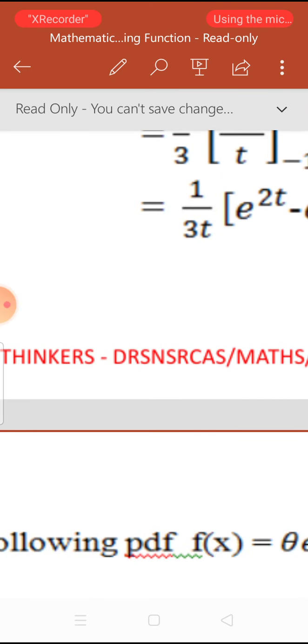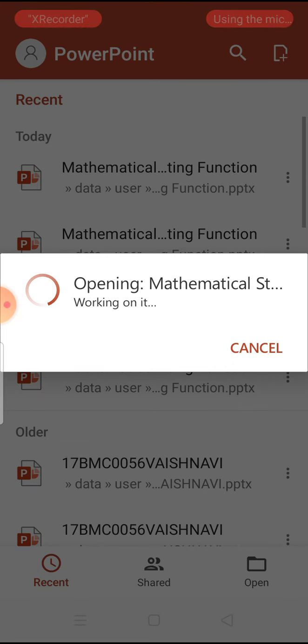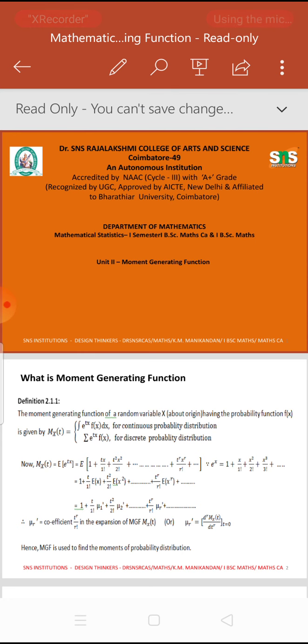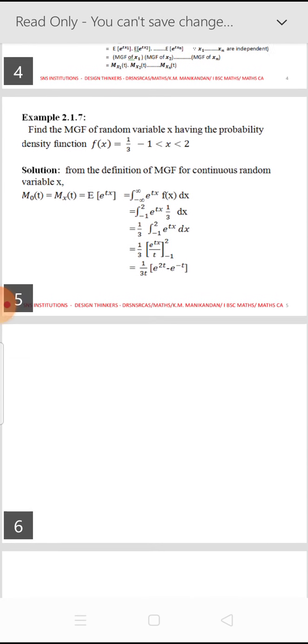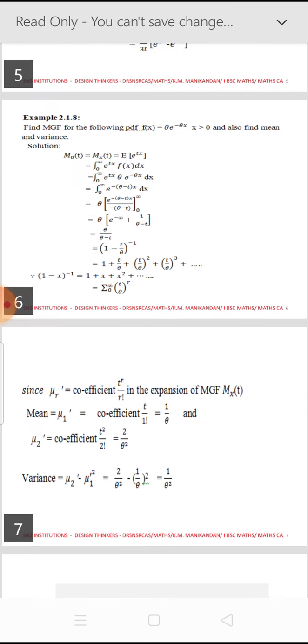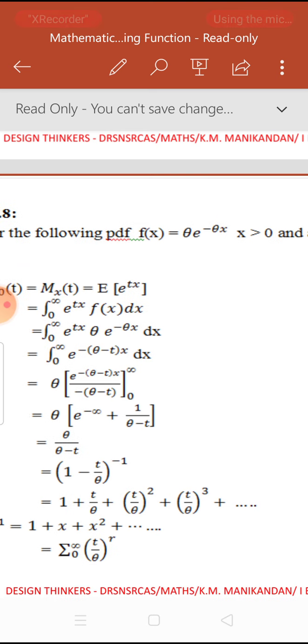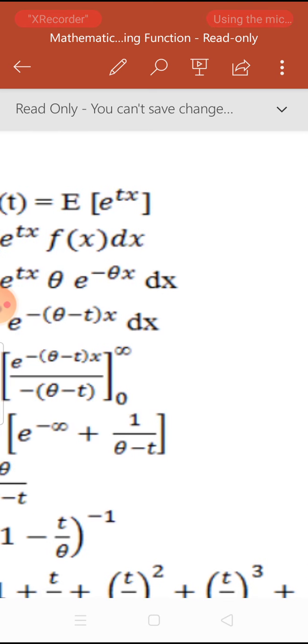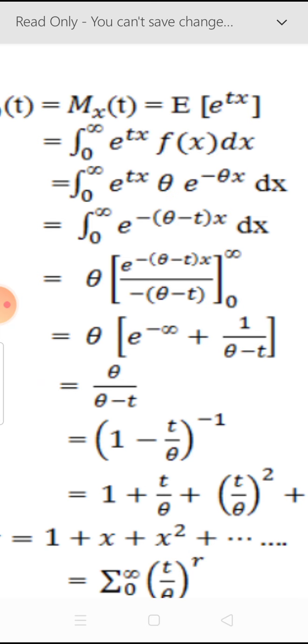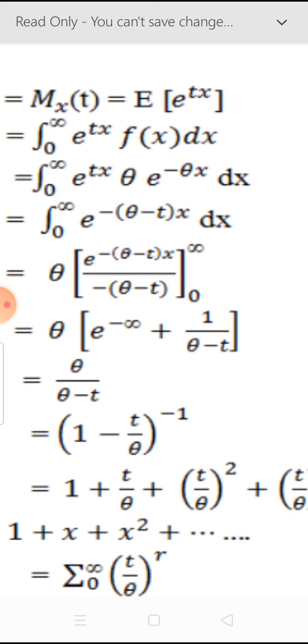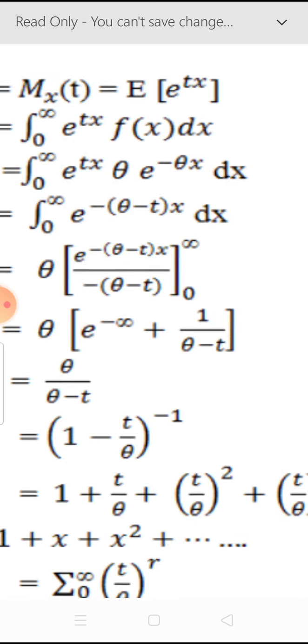The value of e power minus infinity is 0, and e power 0 is 1. So minus of minus will give 1 by theta minus t. You will get theta by theta minus t as the answer.